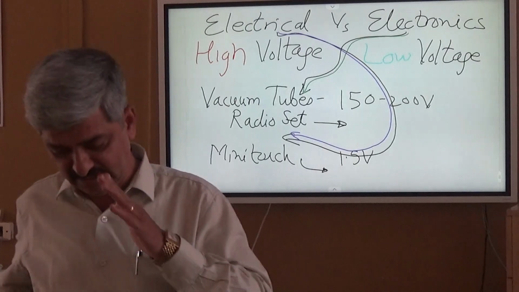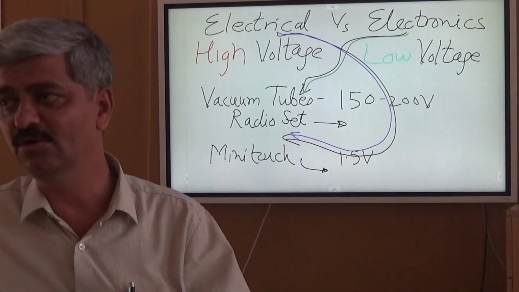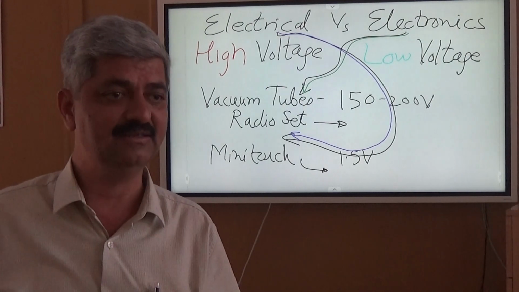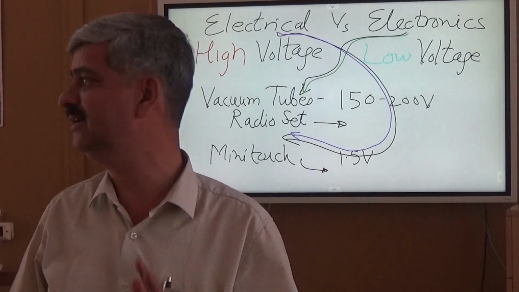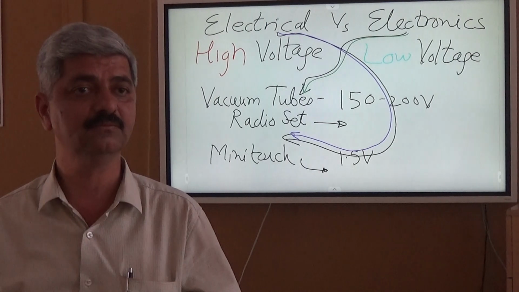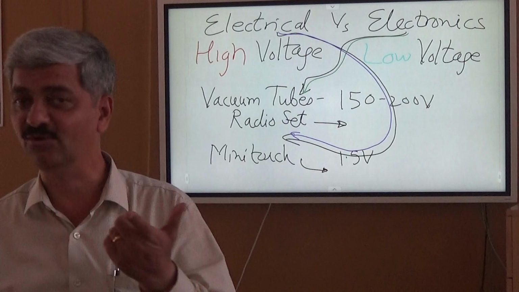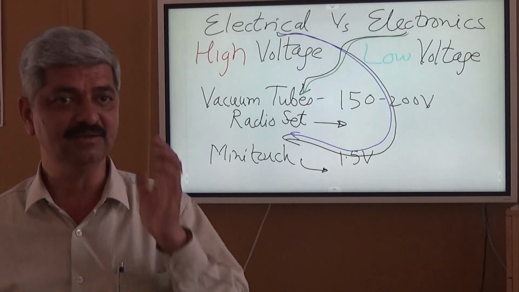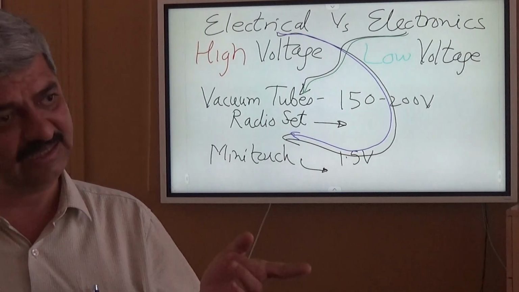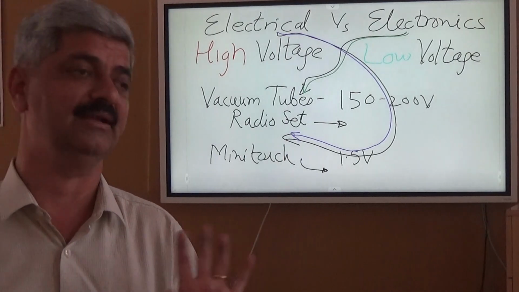So electrical engineering deals with this flow for transfer of energy, and electronics engineering deals with this flow for transfer of what? Transfer of information. Energy is always associated, but transfer of energy is not required. It is not the aim.